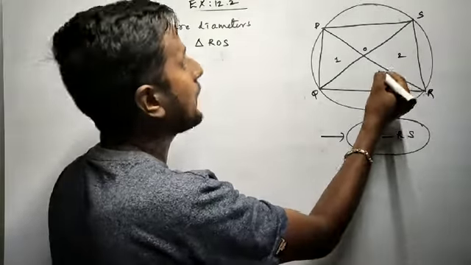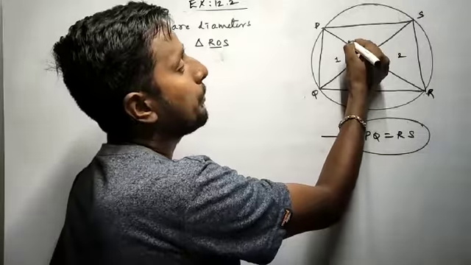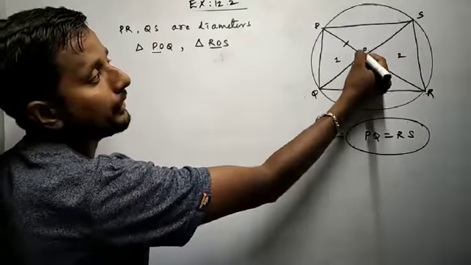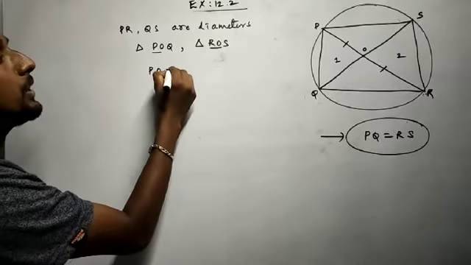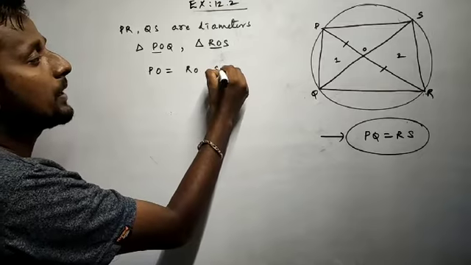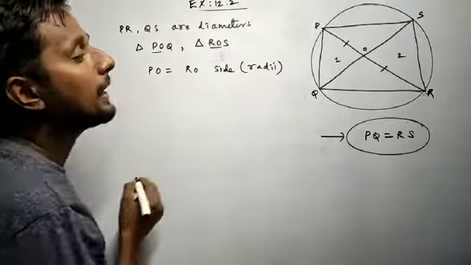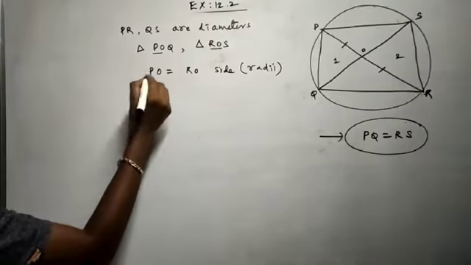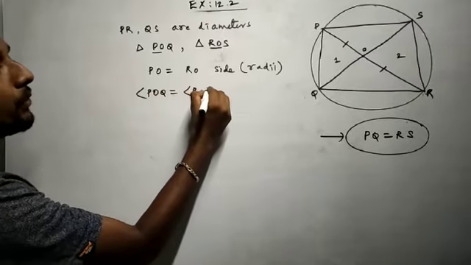Okay. Simple, I'll write, look at PO, RO. Look at O, it is the center, P is a point on the circle. So PO is equal to, I'll write RO. It is a side. The reason for the same is both are radii. Correct? Now, angle POQ is equal to angle ROS.